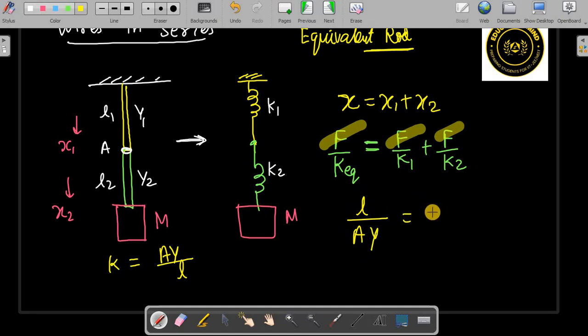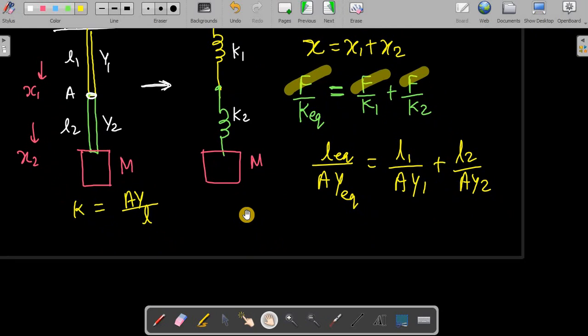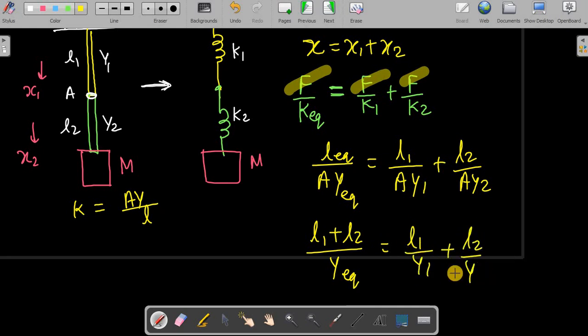And L equivalent, A same, Y equivalent, L1 by AY1 plus L2 by AY2. And if you want to keep the equivalent length same as total length, so L equivalent can be taken as L1 plus L2 by Young modulus, L1 by Y1 plus L2 by Y2. This equation we can use, right?